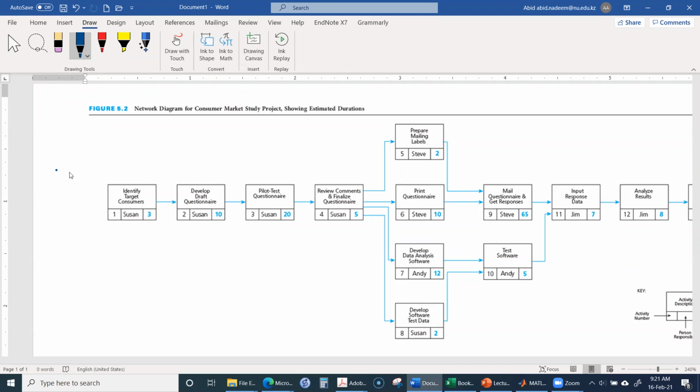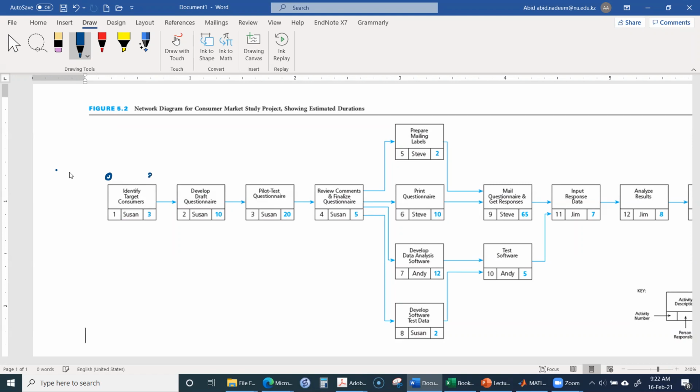There is no preceding activity, so we put the earliest start time here and the earliest finish time here. If it is starting from here, we start from 0. 0 means it is the first day for the activity, and then we add the duration of that activity. So 0 plus 3 is 3.